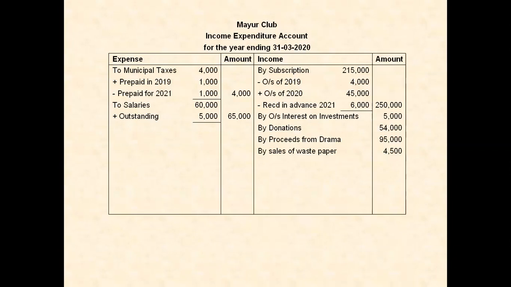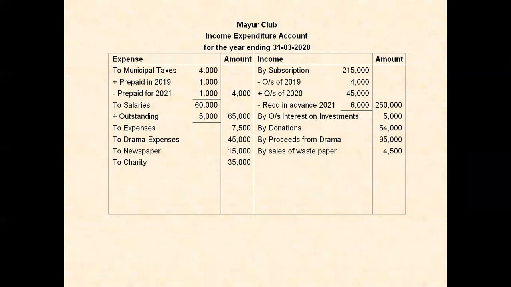Now we'll shift to the payment side. Expense. That expense will be shown on the debit of income expenditure account, rupees 7,500. After that, we have drama expense, rupees 45,000. It is recurring in nature, so income expenditure debit side, it's again an expense of 15,000. Municipal taxes we have already done. After municipal taxes we have charity.